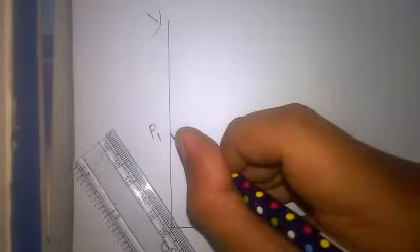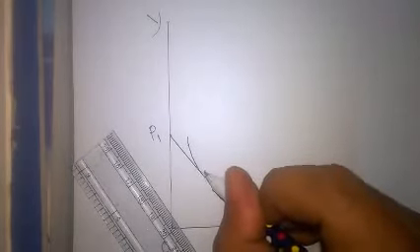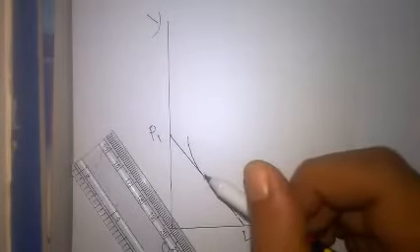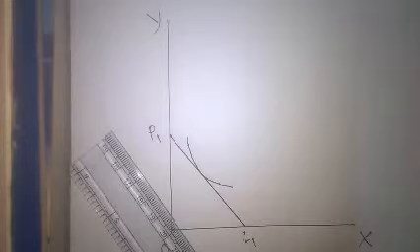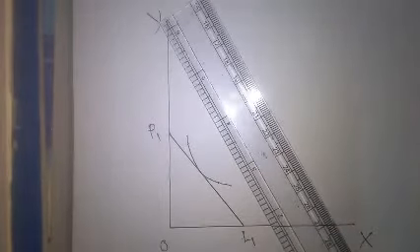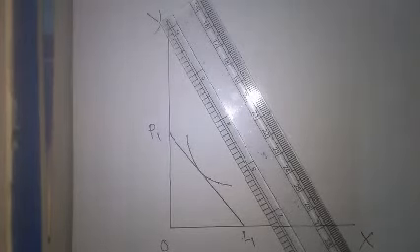So, and now we know that the point where indifference curve and budget line intersect is called an intersection point or equilibrium point. So this is our equilibrium point. Okay, so now imagine that the consumer's budget has increased. And why is that?